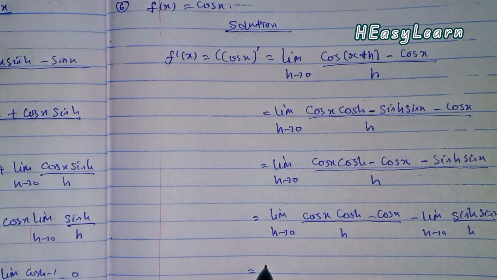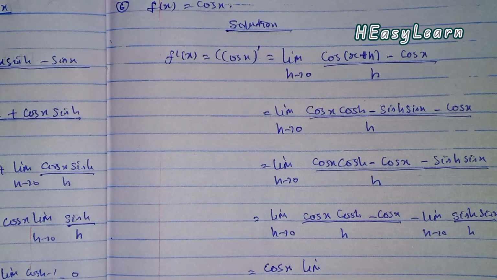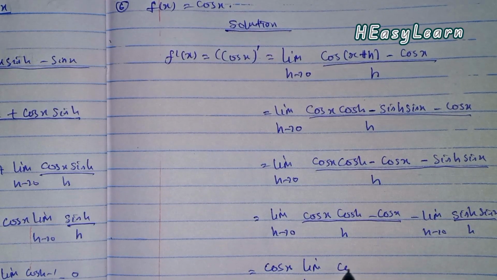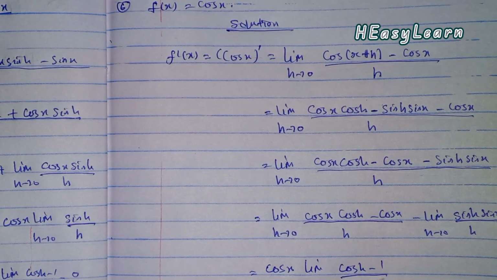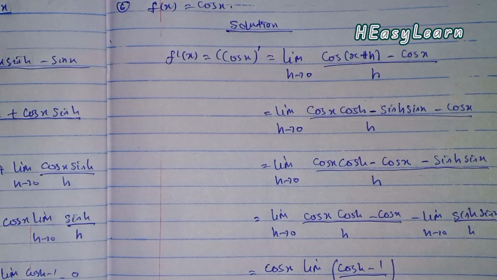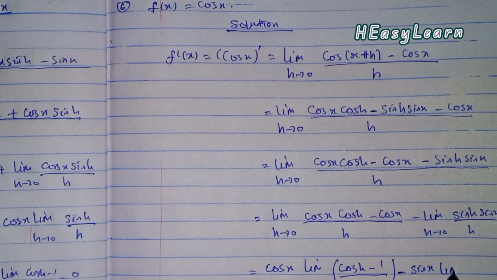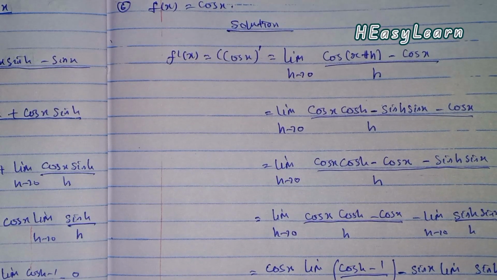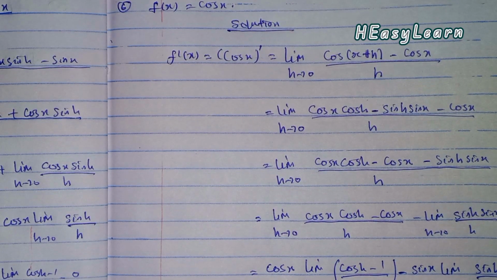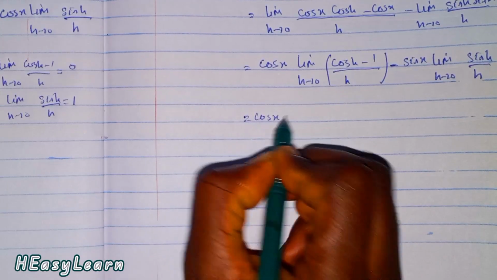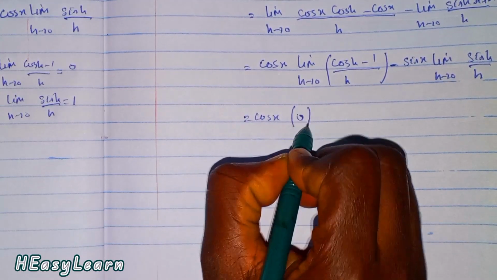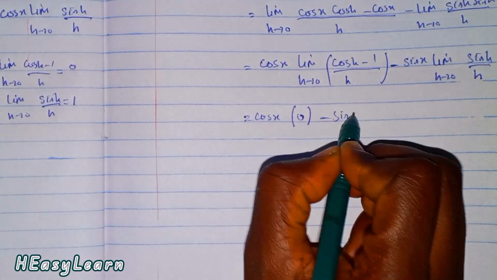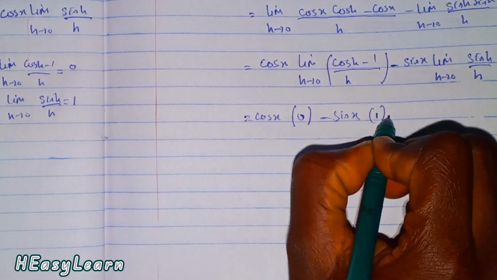Term without h, factor it out: cos x times the limit h approach 0 of cos h minus 1 over h, minus sin x times the limit h approach 0 of sin h over h. Cos x multiplied by 0 minus sin x multiplied by 1.